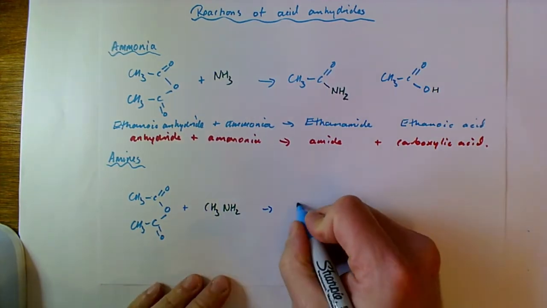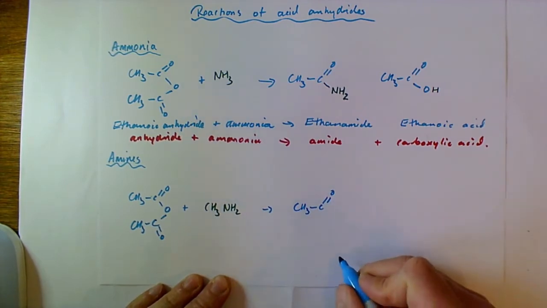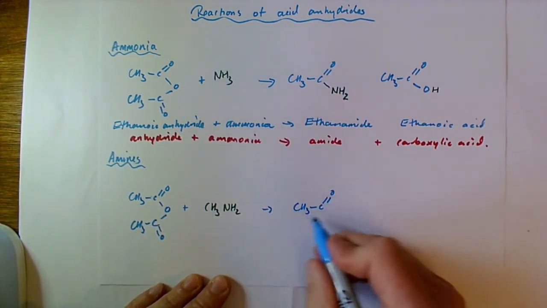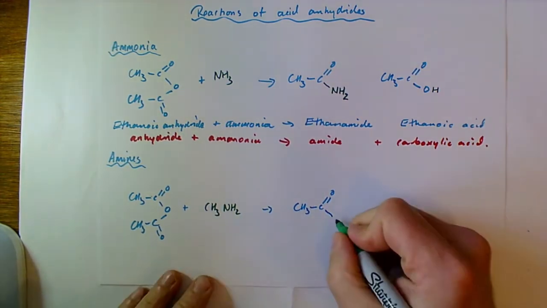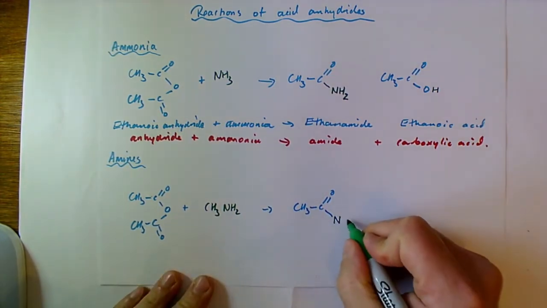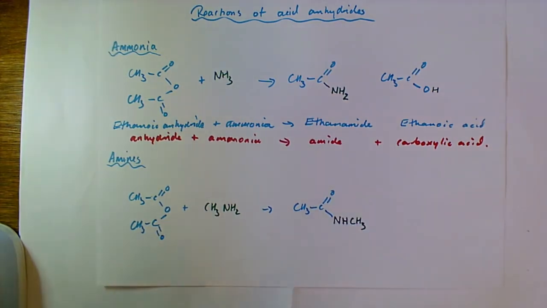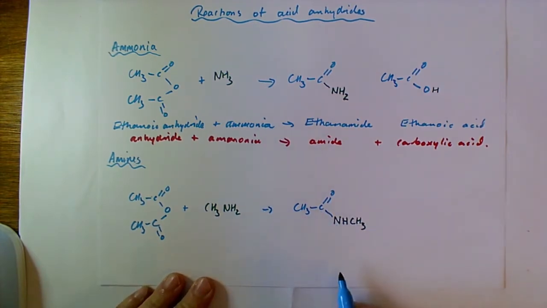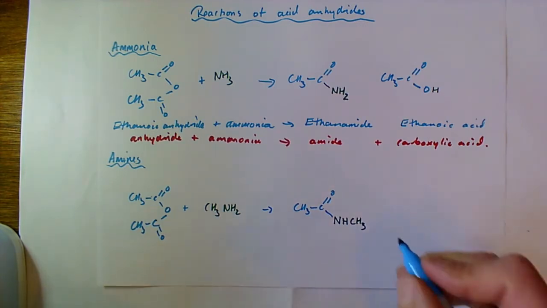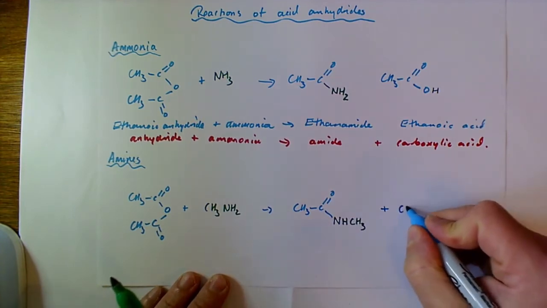What am I going to make? Well, I'm going to have my ethane bit here, okay. Then I'm reacting onto this, my amine. So now this nitrogen here is connected to 3 different atoms, and my side material that I'm going to make is going to be my acid again.